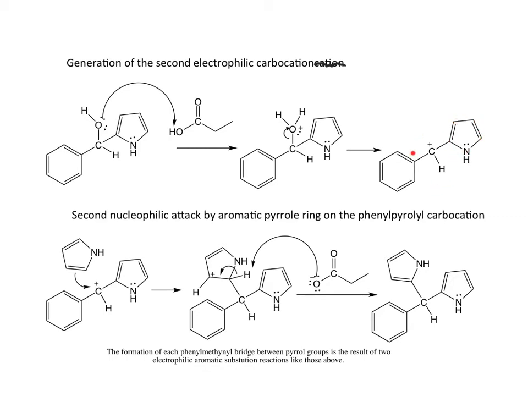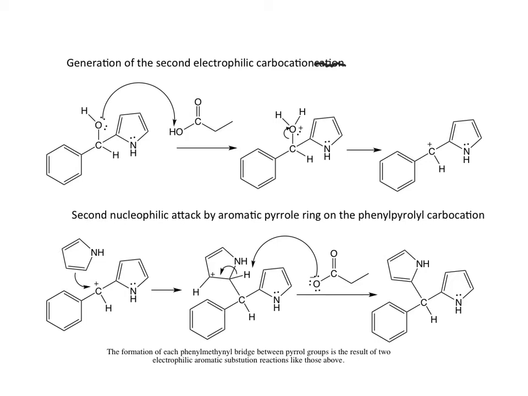So this is a very stable carbocation that is very easy to form. And now that we have a carbocation, we can get a second nucleophilic attack by a pyrrole ring to create a second electrophilic aromatic substitution.